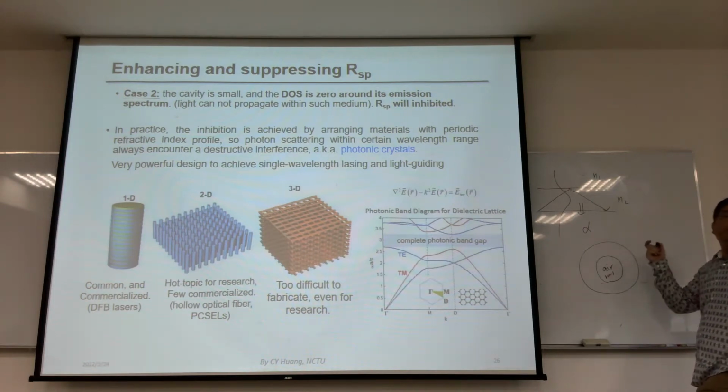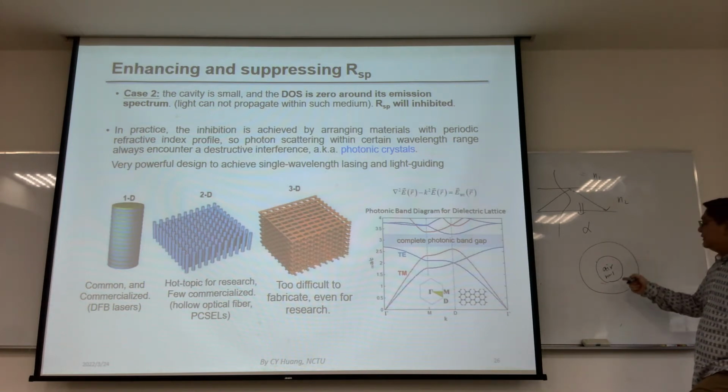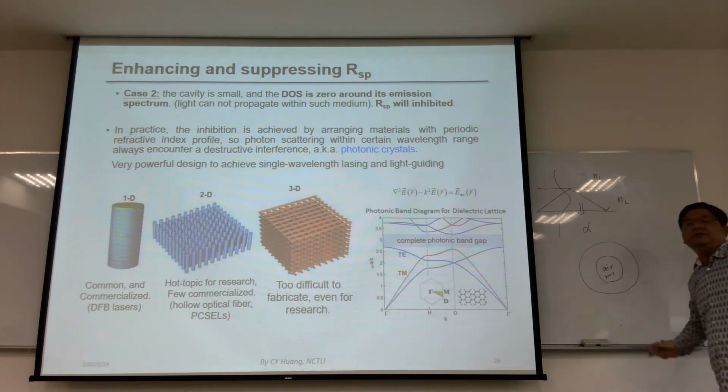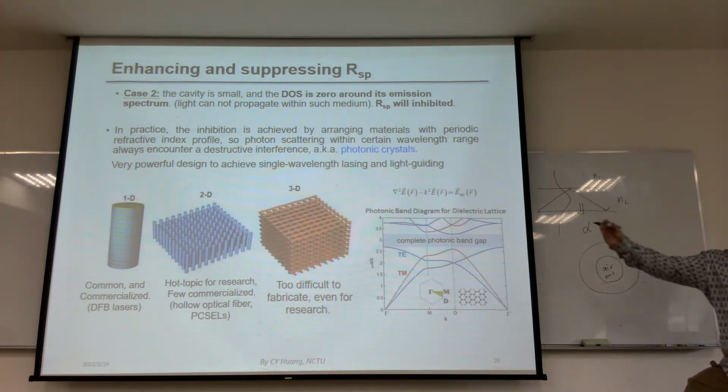How shall we keep the light in the center? The original concept is that if I don't put any material inside, there will be no loss. Then the wave will propagate much longer than in real fibers.